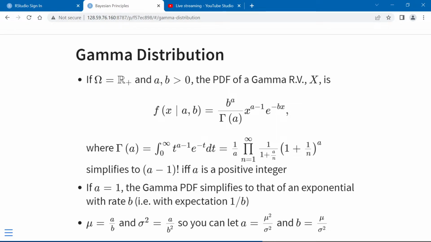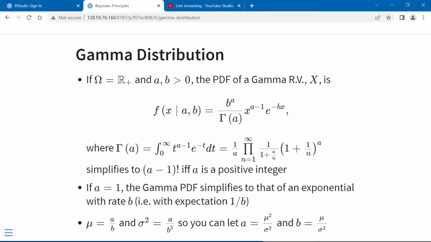But anyway, the PDF of a gamma random variable, for a continuous random variable x, is given by this expression here, where the so-called gamma function is the integral from 0 to infinity of t to the a minus 1 times e to the negative t, integrated over t. This also does not have an elementary solution, but it can be expressed as an infinite product, or a product of an infinite number of terms.